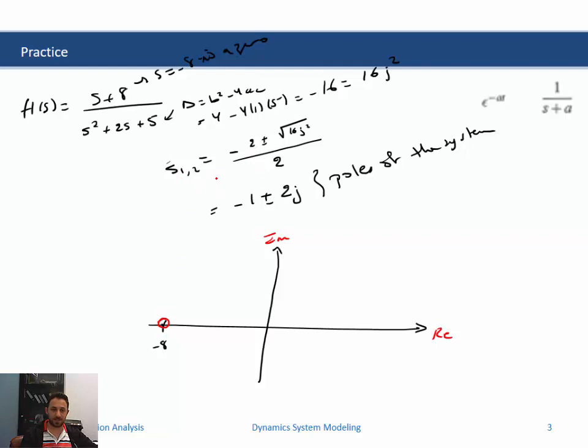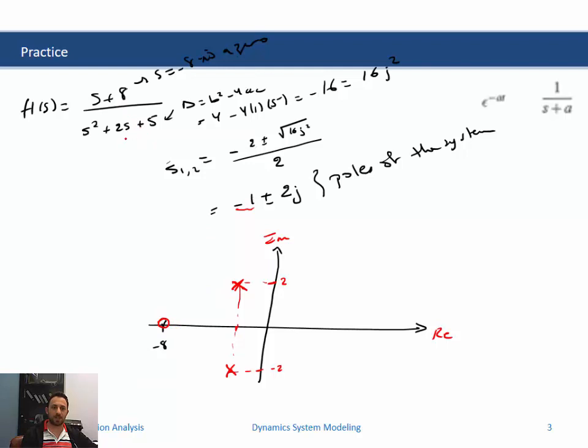We have s = −1, this is the real part, plus 2j, this is 2, and we have a cross. This is a pole, and at −1, −2 another pole. So we have two poles and one zero.